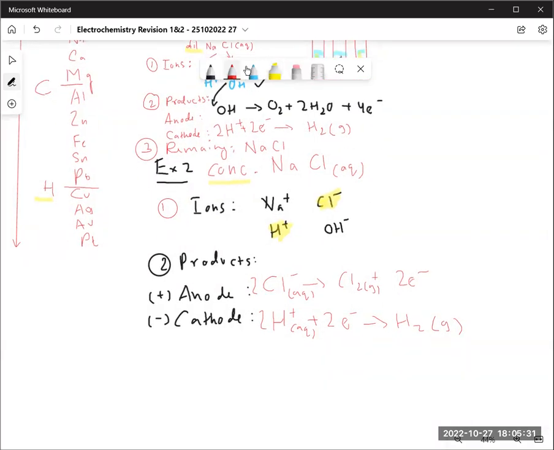So what will they form? They will form Na plus and OH minus, but they join together to make NaOH. Is that clear? So NaOH together. This is called sodium hydroxide.